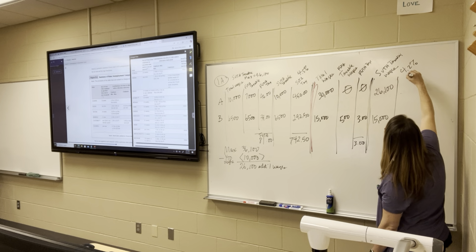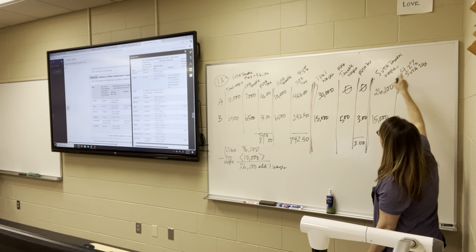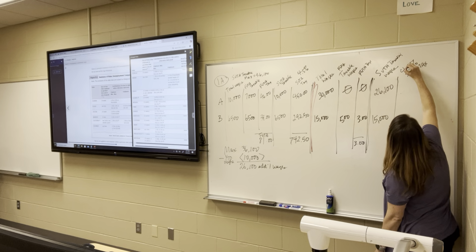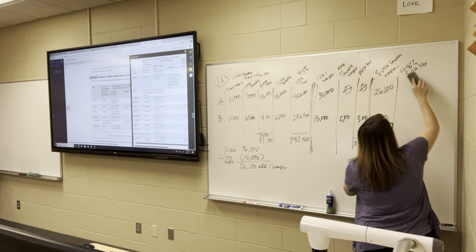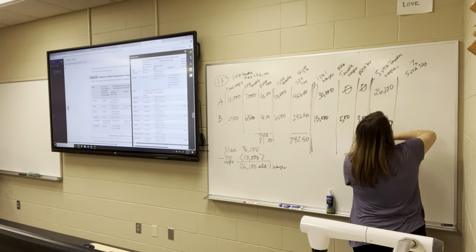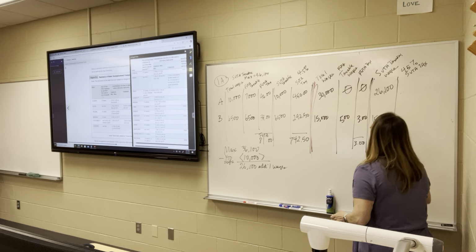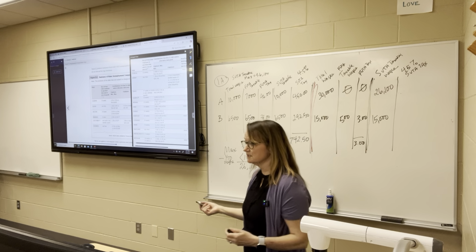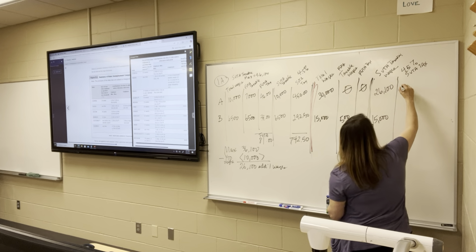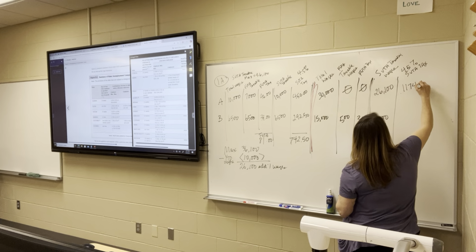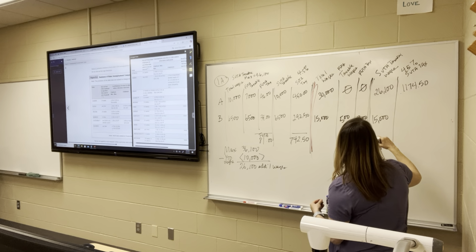So let's see our SUTA tax. Oh, 4.5, you're right. Thank you. I don't remember the numbers I made up. 4.5% is our SUTA tax rate. So we'll take $26,100 times the 4.5%, which is how much? Okay. And then we'll take the $15,000 times 4.5%.